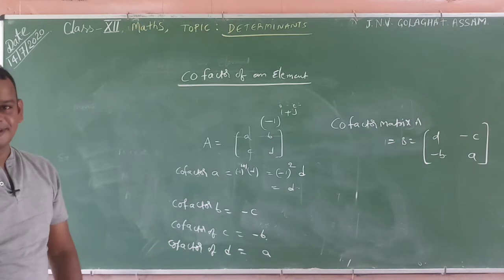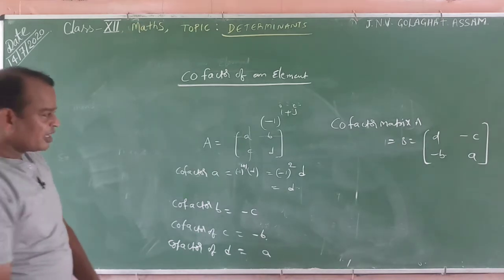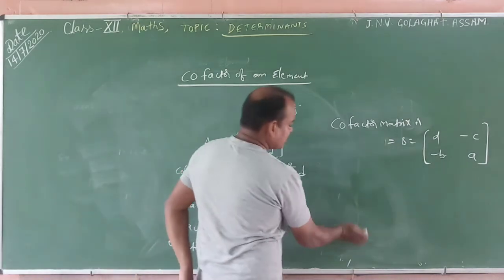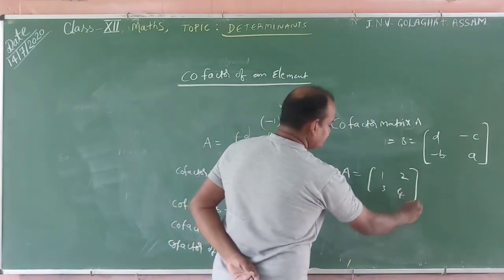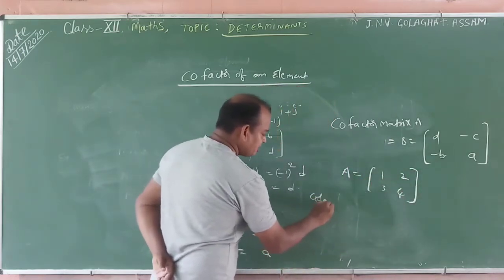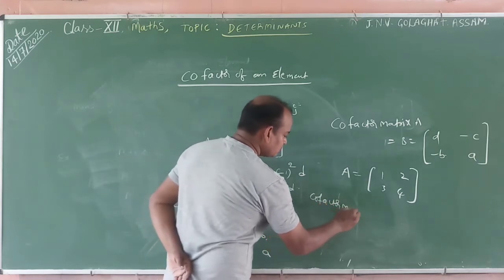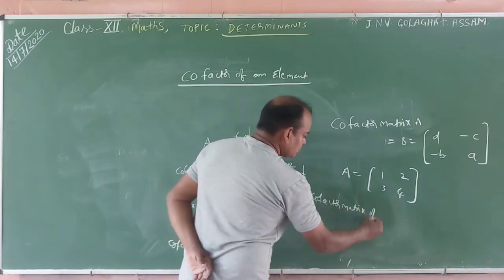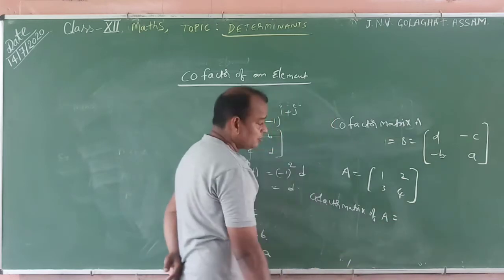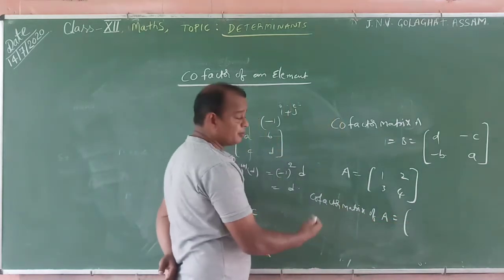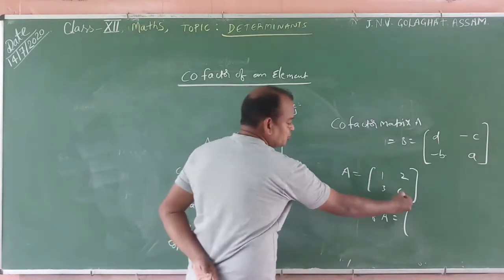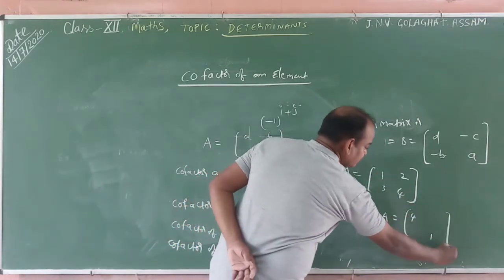For suppose you take the example. Suppose A is equal to 1, 2, 3, 4. Now what is the cofactor matrix of A? As I already told you, first interchange these two, means 4, 1.